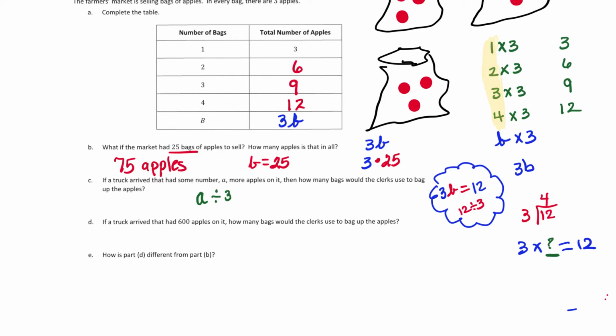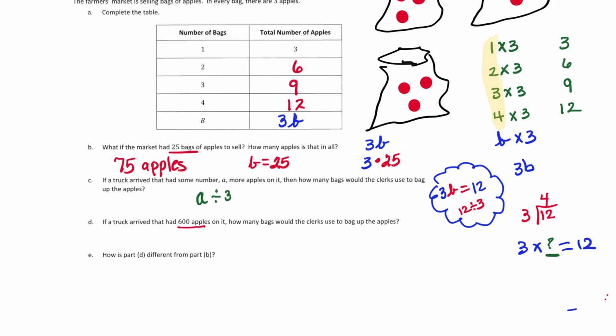Next problem. If a truck arrived that had 600 apples on it, how many bags will the clerk use to bag up the apples? Now notice they gave us 600. 600 is a little bigger number. This is why it's always good to use a smaller number like we did here to make sense of your answer. Once you get it, then you can start working with big numbers. Very good.